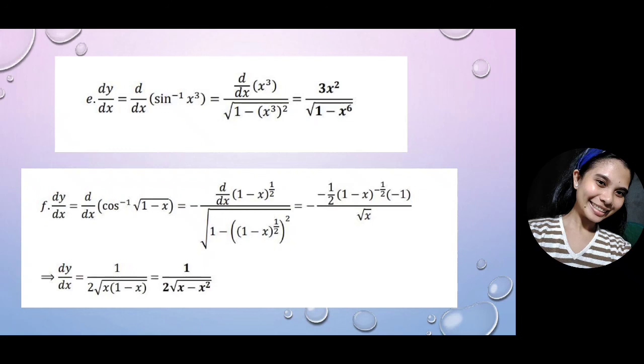And then, for the square root in the denominator, we need to return the exponential form, 1 minus x raised to the power of 1/2, back into radical form so that we can evaluate it. So the 1 remains, and the u is replaced by the square root of 1 minus x.